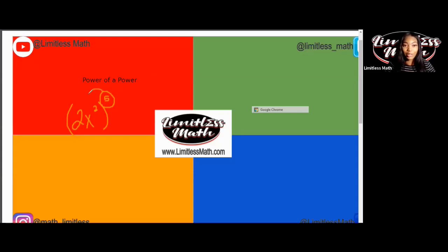So it gets multiplied to the invisible 1 right here that you don't see, and it would get multiplied to this 2. So power of a power is similar to the distributive property where you are multiplying the upper level exponent to every exponent on the lower level. We will see some examples to make it clear.